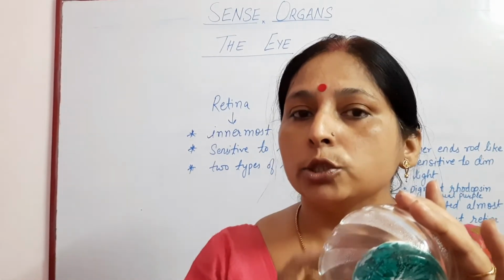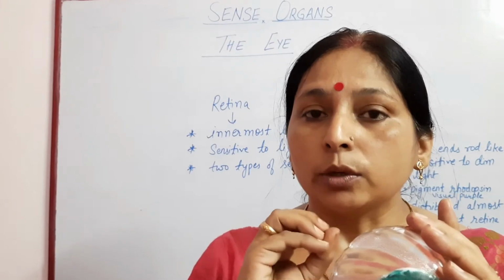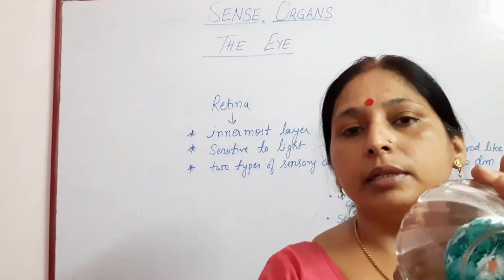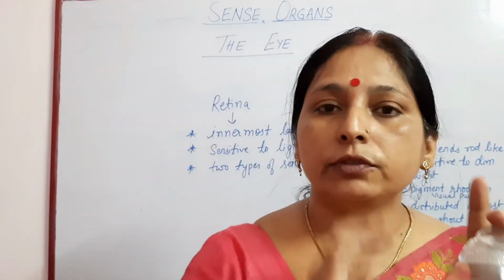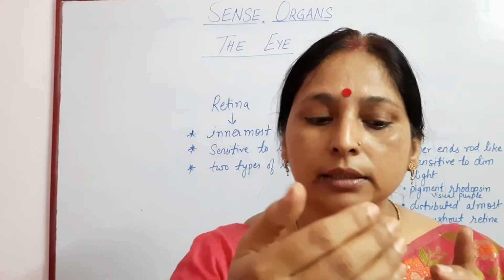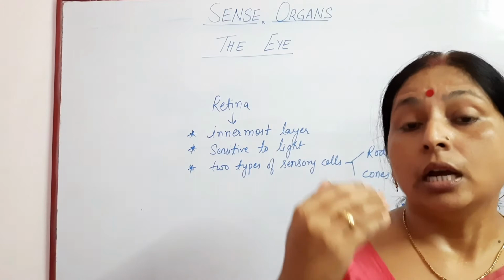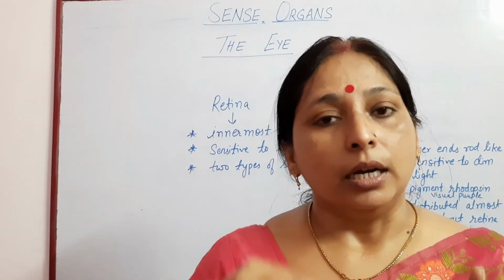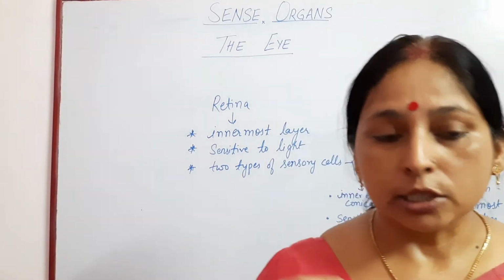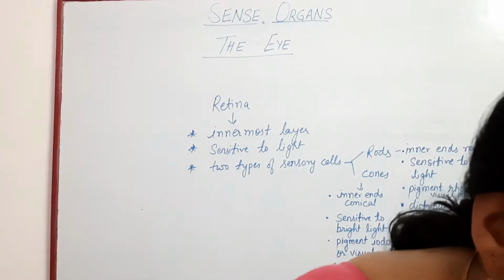Then it enters into a fluid, the aqueous chamber, which is in front of the lens. So after entering the cornea, then the iris, through the pupil, the light rays enter into the aqueous chamber.